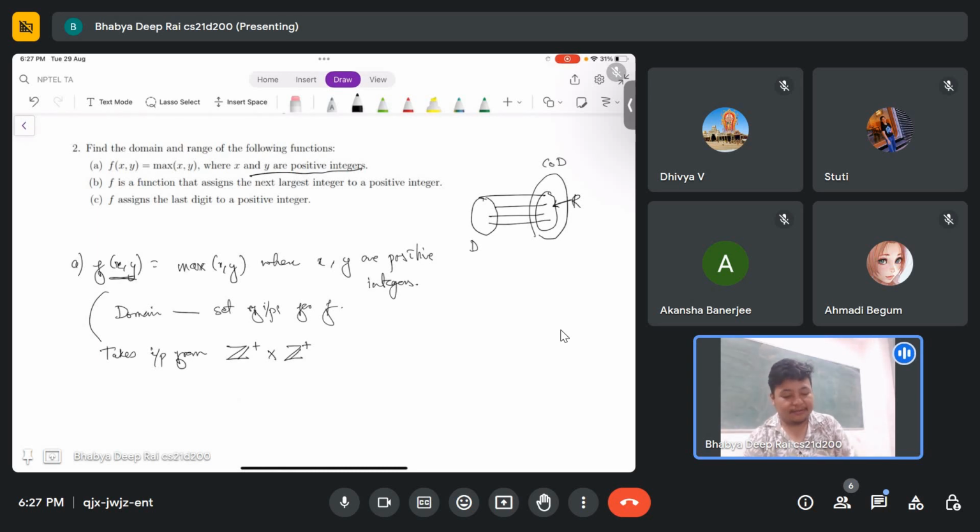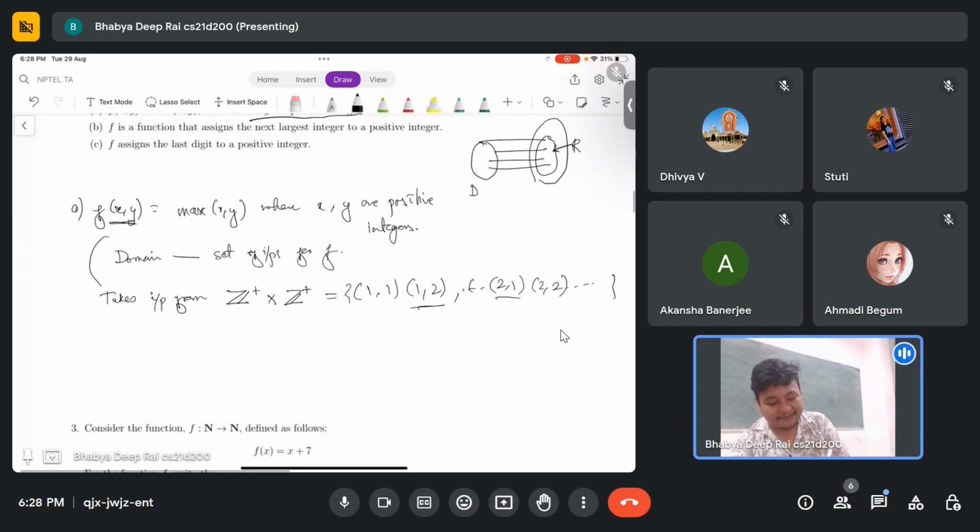It's something like 1 comma 1, 1 comma 2, and so on, and 2 comma 1, 2 comma 2, and so on. These are exactly my inputs because both are positive. And what does it give?